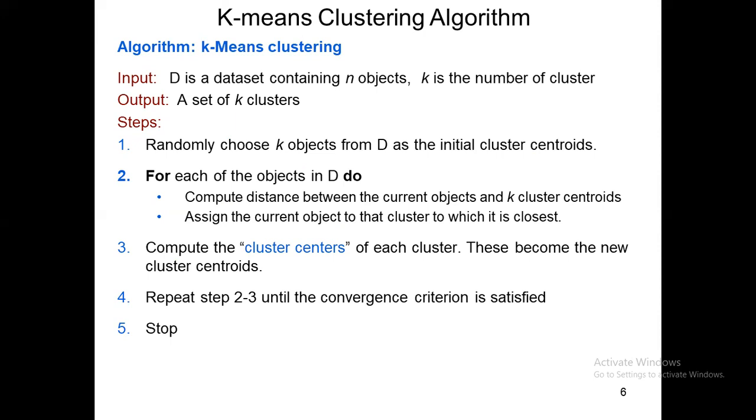So k is the number of clusters, and the steps are: randomly choose k objects from D as the initial cluster centroids, right? For each object, compute the distance between the current object and the k cluster centroids, and assign the current object to the cluster to which it is closest.